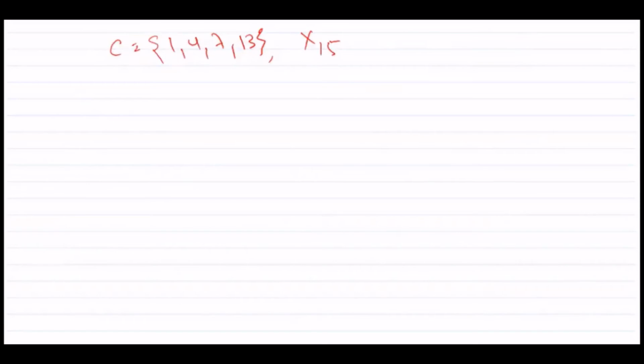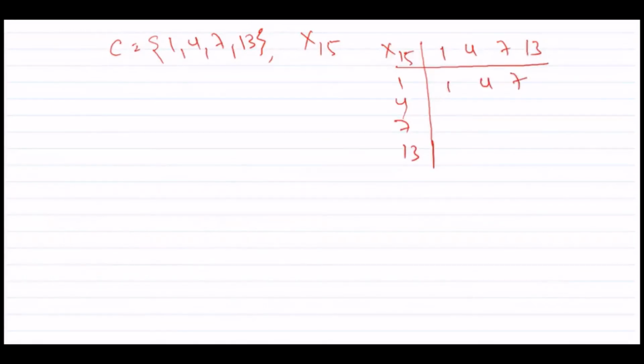It is better to make a Cayley table and then we can decide everything. So multiplication modulo 15, with 1, 4, 7 and 13 on the rows and columns. 1 times each gives 1, 4, 7, 13.